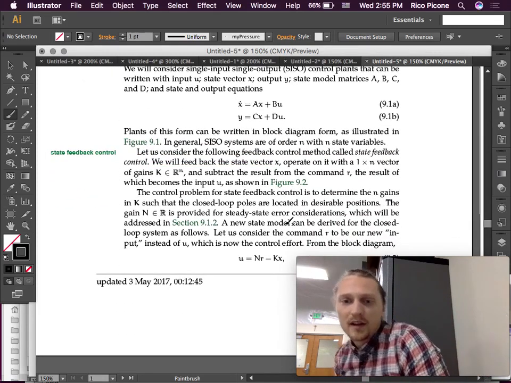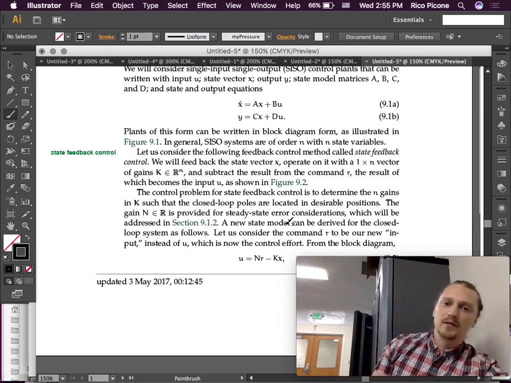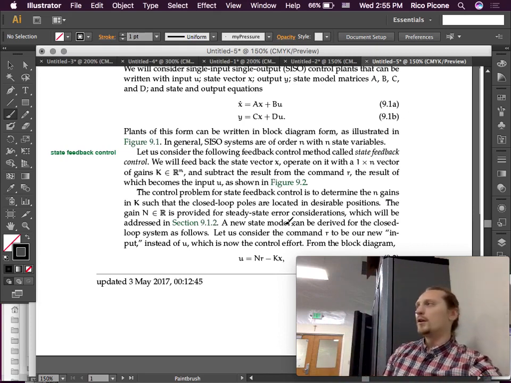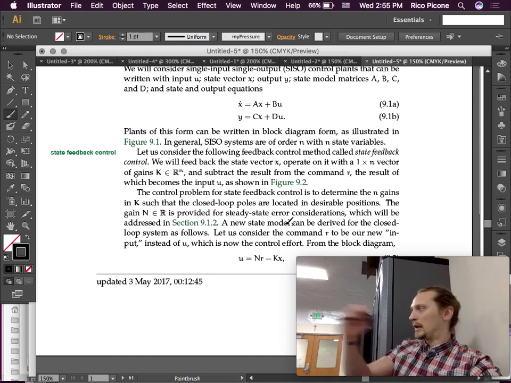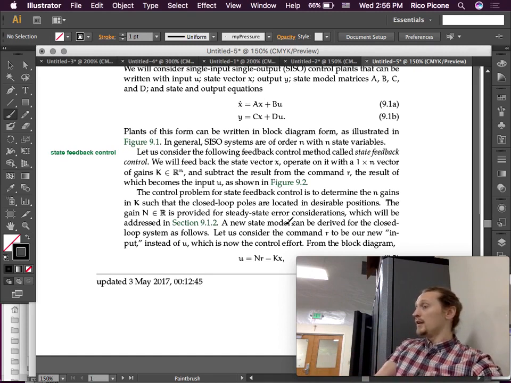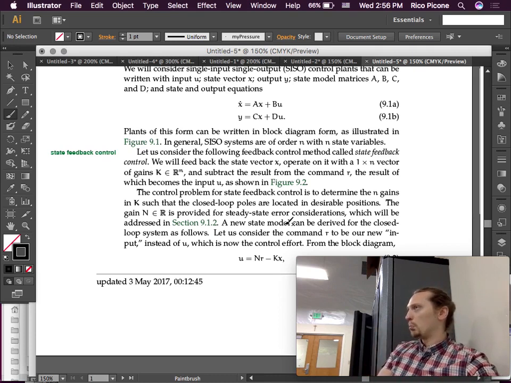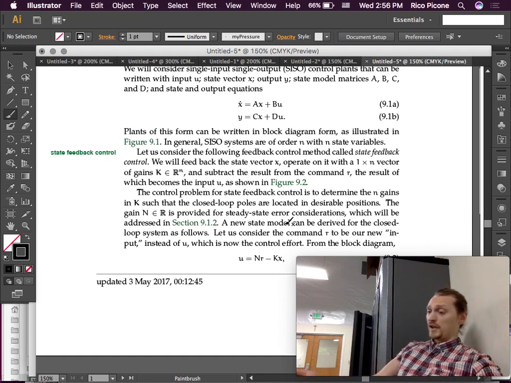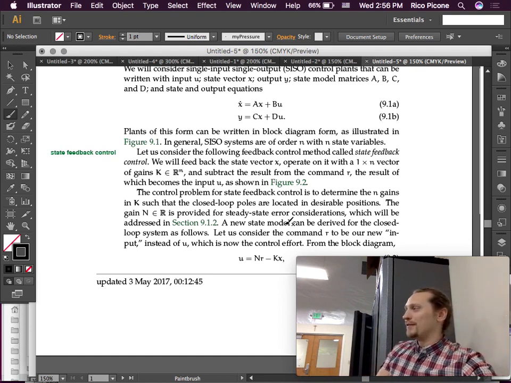So let us consider the command to be our new input instead of U, which is now the control effort. U is the amount of effort that has to come into the system from outside. In our project, it's the voltage. What is the voltage that you need to provide? When we were doing simulations, that's one of the things we had to look at: in order to control this in this way, what voltage am I assuming I'm applying?